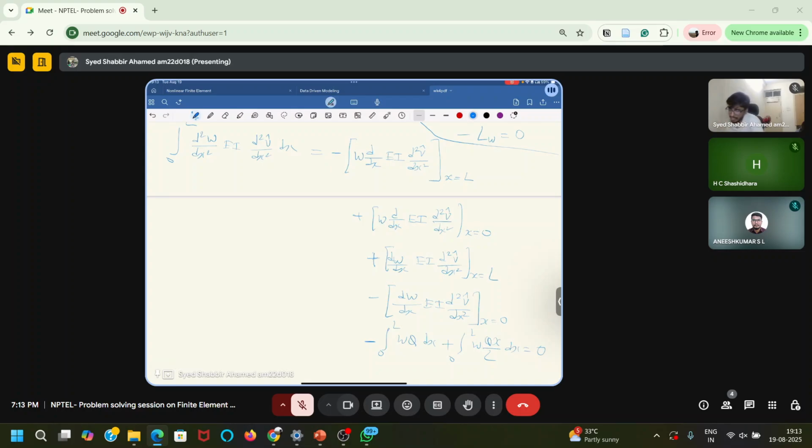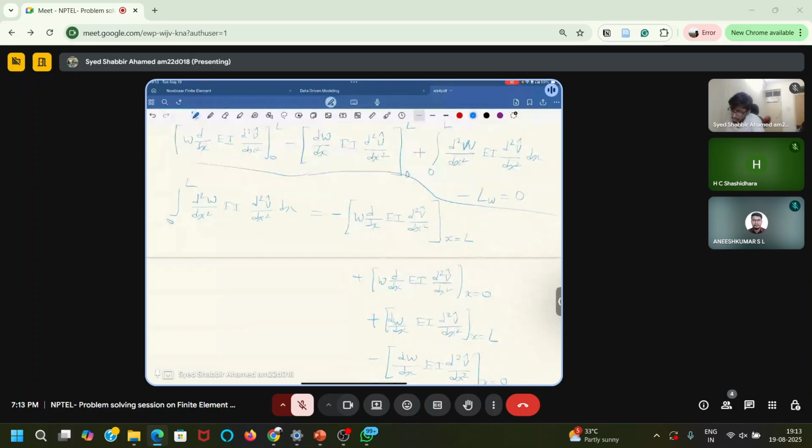So now I know that there are boundary conditions at x is equals to L. We know that because of the structure, at x is equals to L the bending moment is equals to 0. So that is one boundary condition. And at x is equals to 0, we know that our slope should be equal to 0.